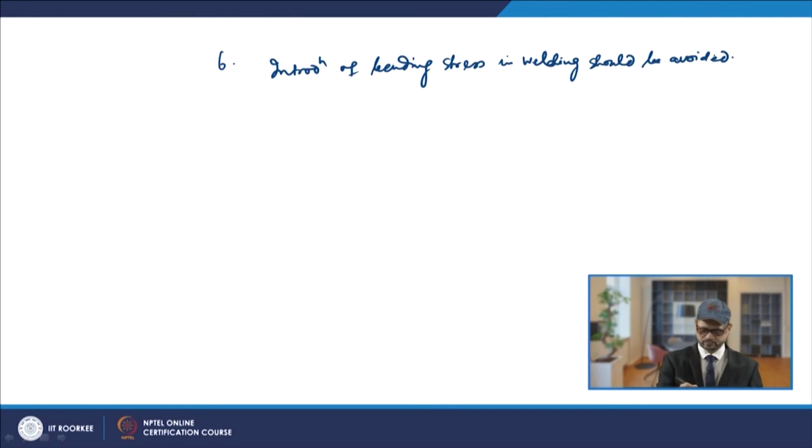Then what is also important is the selection of the electrode for the material which you are welding. That should be selected very carefully, because if the properties of the electrode material are vastly different from those of the material to be welded, there is a likelihood of the development of stresses.